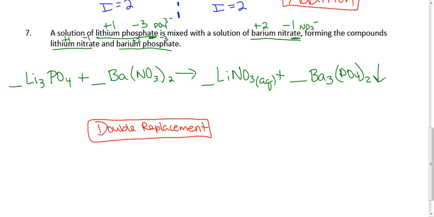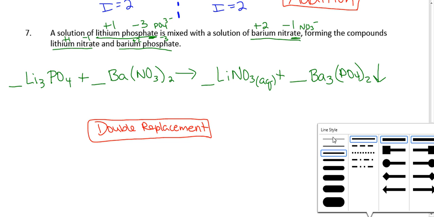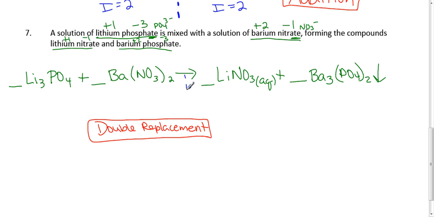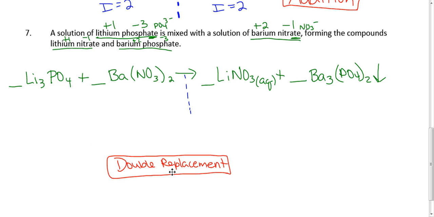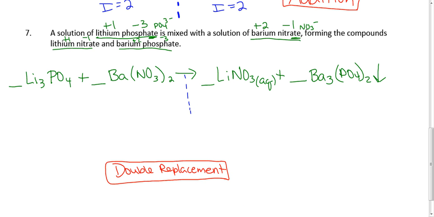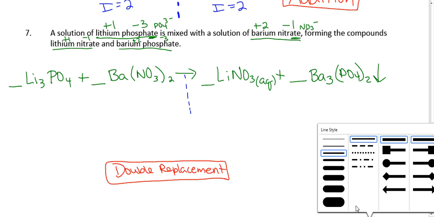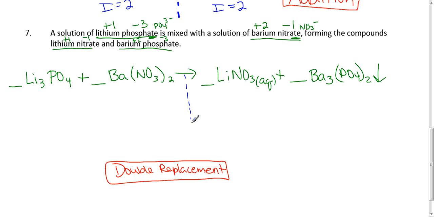So let's go ahead and balance. When you have polyatomic ions on both sides, remember, you get to keep those together and look at them like they're a single item. So lithium, we're going to start with 3. Phosphate, since it's on both sides, we'll keep it together, has only 1.